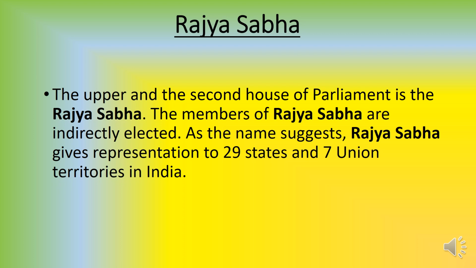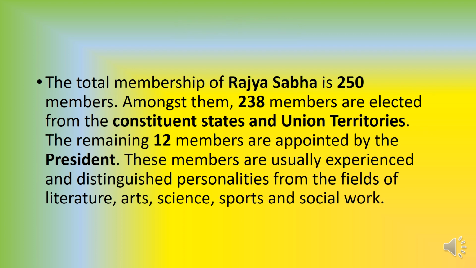See, as the name suggests, Rajya Sabha gives representation to 29 states and 7 union territories in India. So, the members are elected from these 29 states and the 7 union territories. What is the total number of members in Rajya Sabha?